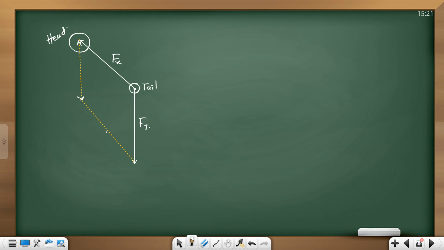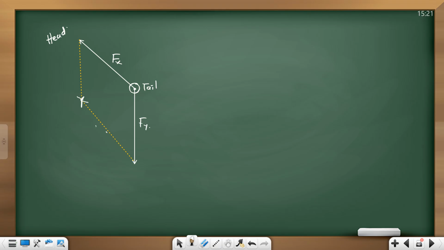No, wait, did I draw this thing well? Tail to tail. And I'm drawing. Yep, here. Okay.